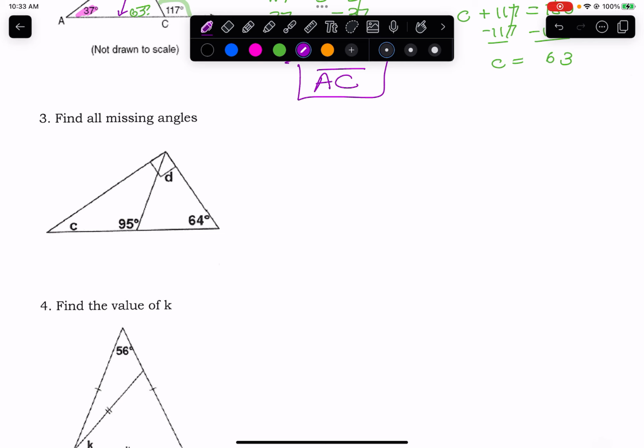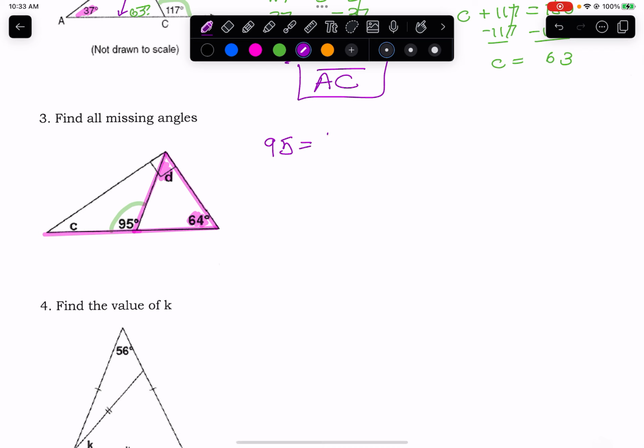For number 3, it says to find all missing angles. If we look, there's a couple different triangles happening here. So let's first look at this pink triangle that I am highlighting, because I have 2 angles inside marked as well as 1 on the outside. 95 is our exterior angle, and the remote interior angles are D and 64.